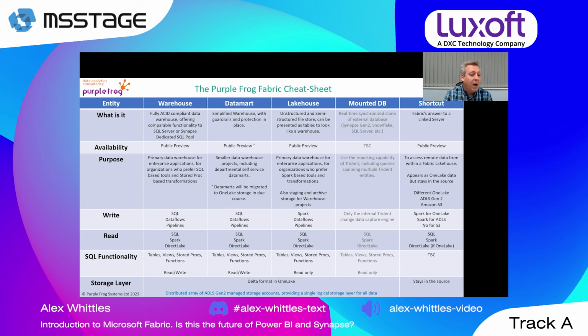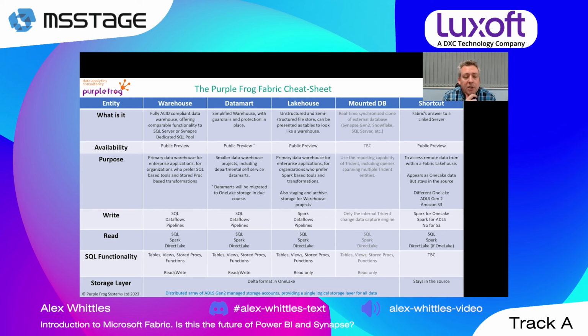So we've got a data warehouse, fully ACID compliant, everything you want to do, similar in functionality to SQL Server or Synapse dedicated SQL pool. This is currently in preview and it'll be going generally available hopefully soon. You can write to this using SQL, data flows, pipelines, etc. The primary functionality, it's got tables, SQL Server views, stored procedures, functions, and all of those are read-write.